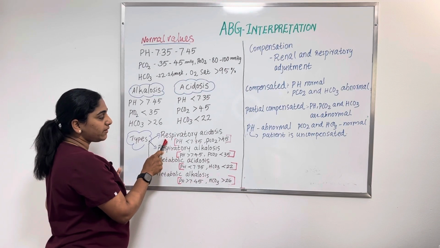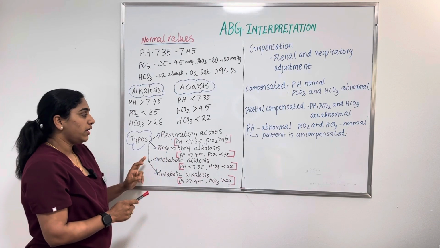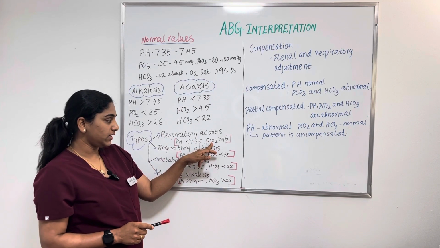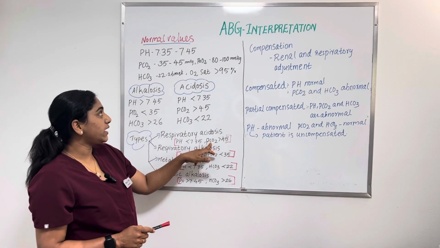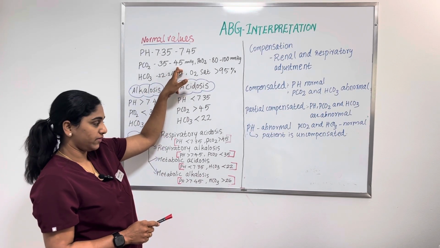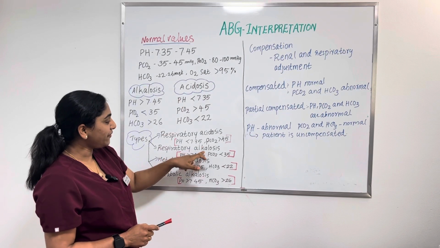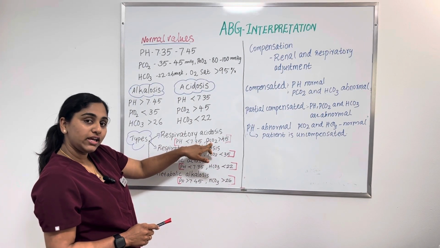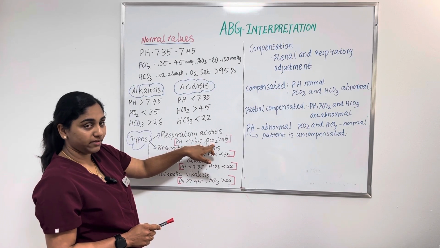In respiratory acidosis, we always look into the value of carbon dioxide. The normal value should be between 35 to 45, right? Carbon dioxide always stands for respiratory.